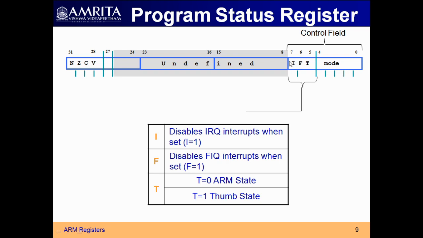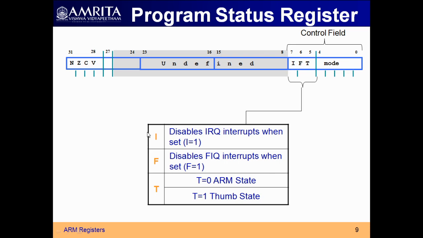Whenever the processor gets a normal interrupt, IRQ will be detected. Whenever the processor gets a high priority interrupt, FIQ will be detected. So the I and F bits are used for enabling or disabling. Keep in mind it is used for enabling or disabling.